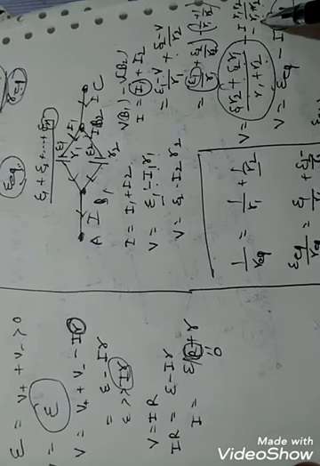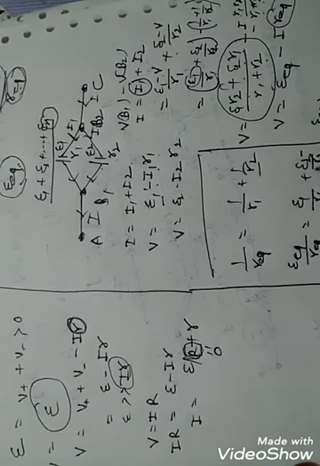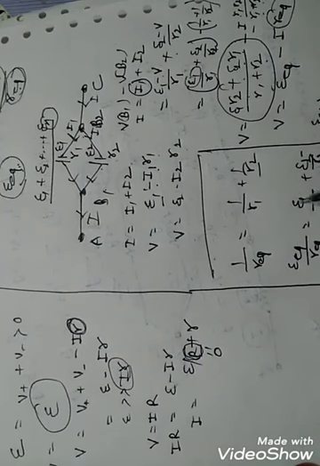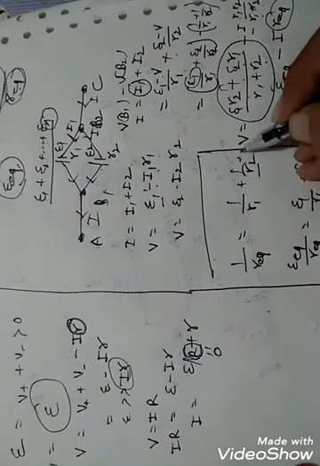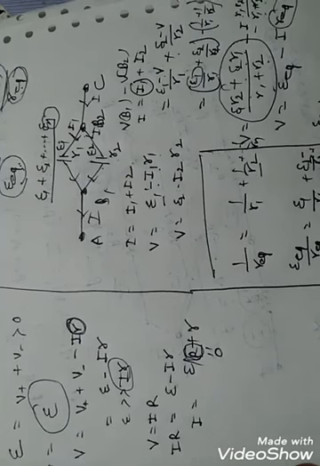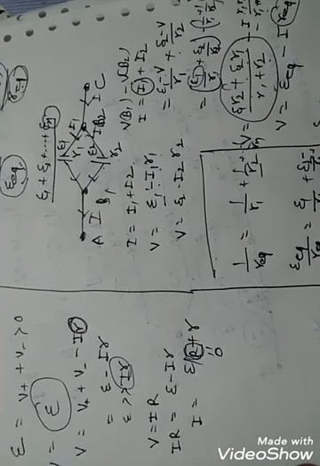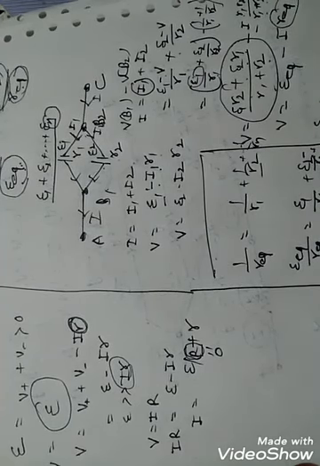So here we take N number of cells. In this case, the equivalent resistance is 1 upon R equivalent equals 1 upon R1 plus up to 1 upon Rn, and E equivalent upon R equivalent equals E1 upon R1 plus up to En upon Rn.